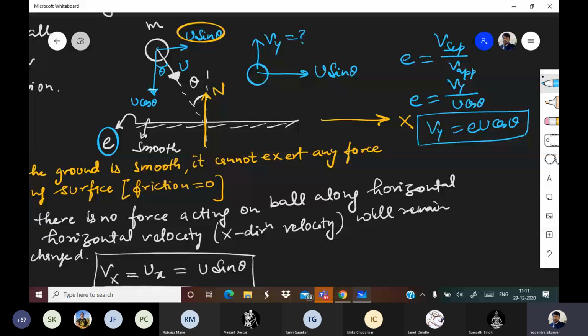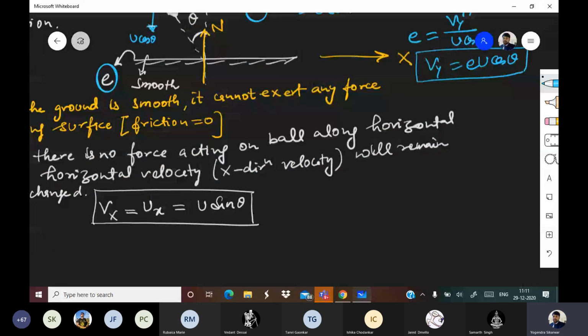But when we used the basics of physics, we got to know that we should apply E's equation along the y direction, along the direction in which the normal force is acting, or you can say along the direction in which forces are acting during collision. So this is a very important point.